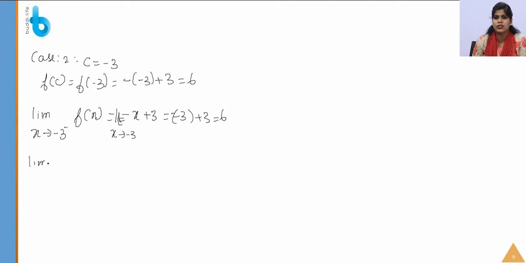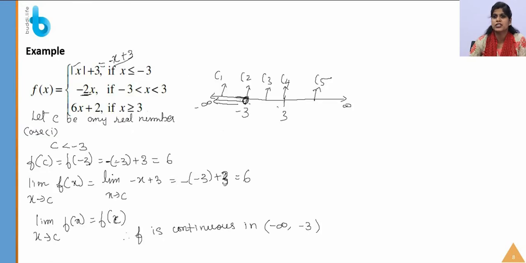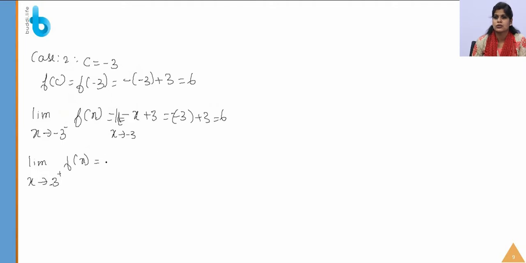Now we will just check for the right hand limit, x tends to minus 3, f of x. So to the right hand side of minus 3 we have, what is the function? Minus 2x. So limit x tends to minus 3, minus 2x, on applying the limit we have plus 6.